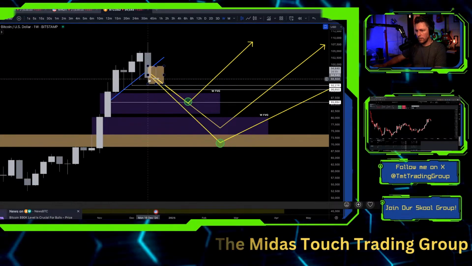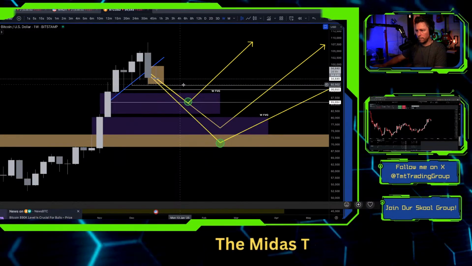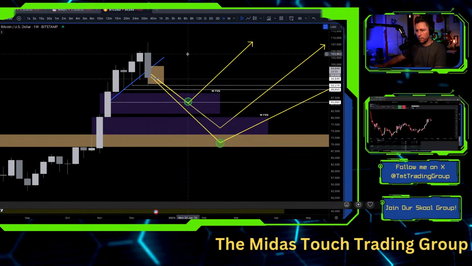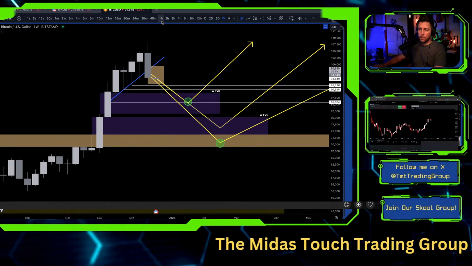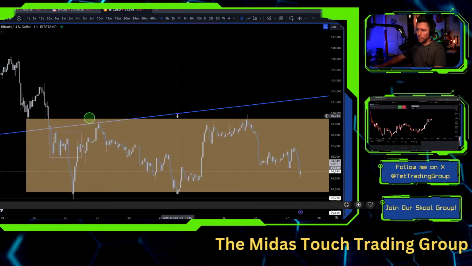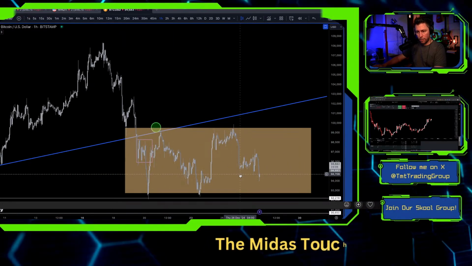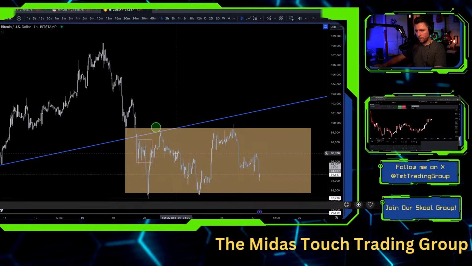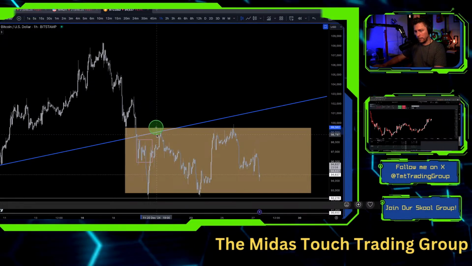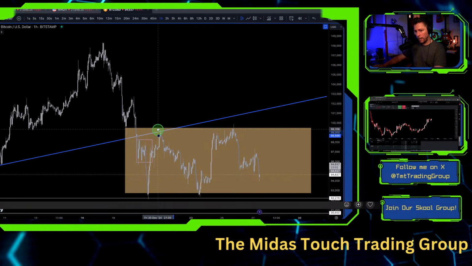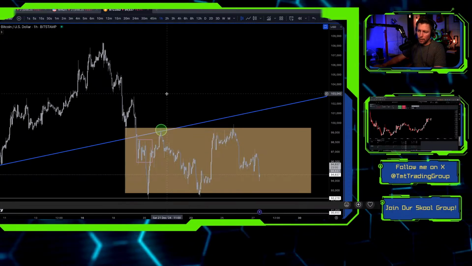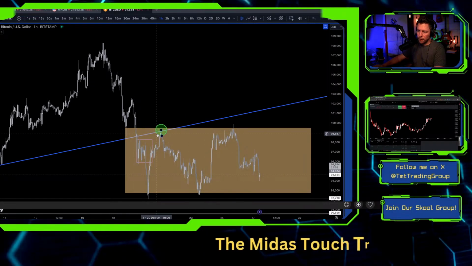BTC kind of rebounding a little bit. She dropped down to 92. She's up at 94. One thing about Bitcoin is she's been really resilient this week. No breakdowns, no breakouts. Retested the breakdown level, the trend line break level, twice.